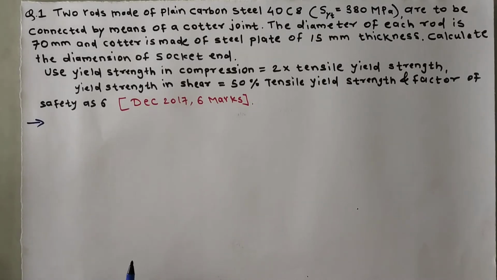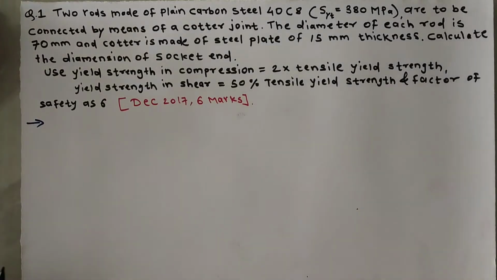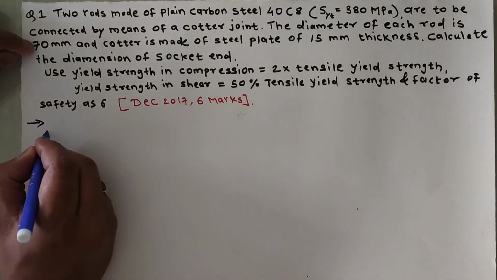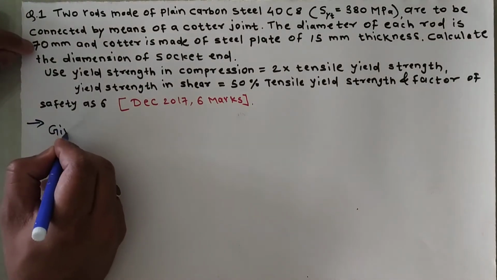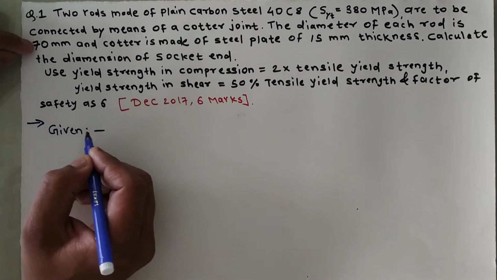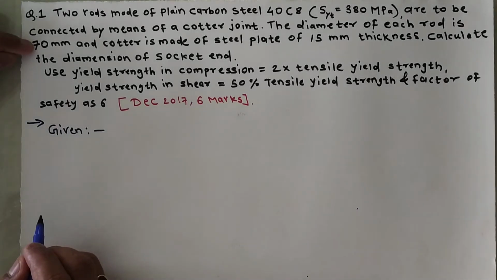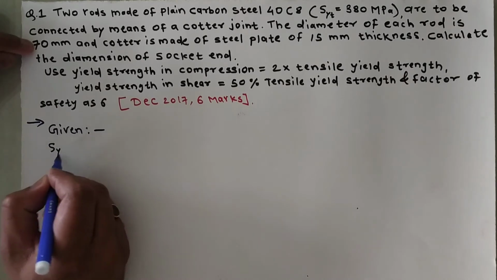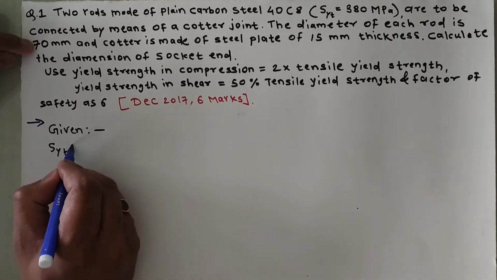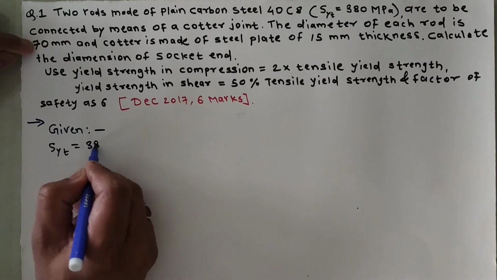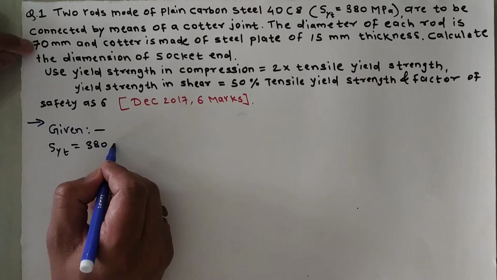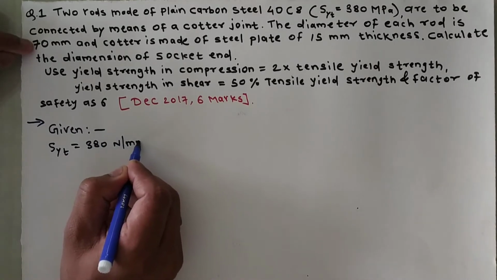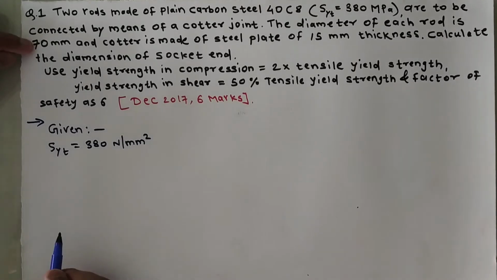So as per the numerical, we will first take the given data. We are given the tensile yield strength, SYT, as 380 Newton per mm square.